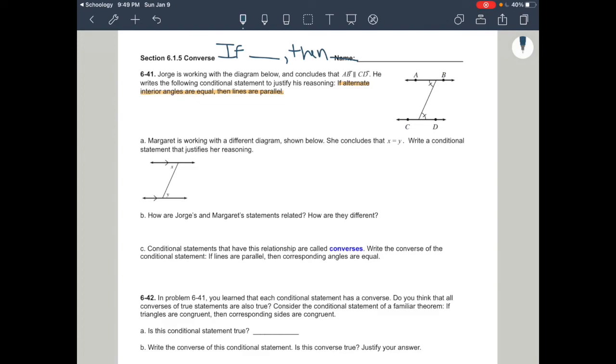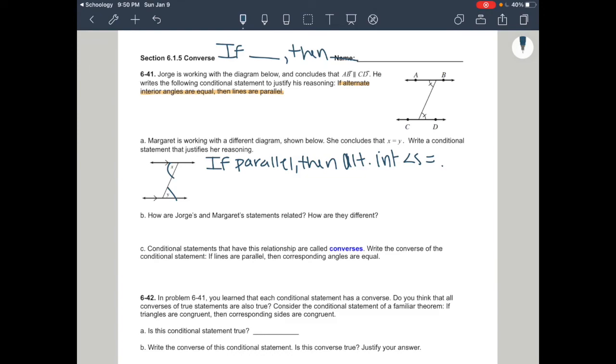Because there are parallel lines here, we're going to say if parallel. Then she's saying x equals y, and specifically x and y are alternate interior angles. So we're going to say then alternate interior angles are equal or congruent, or however you want to write that.